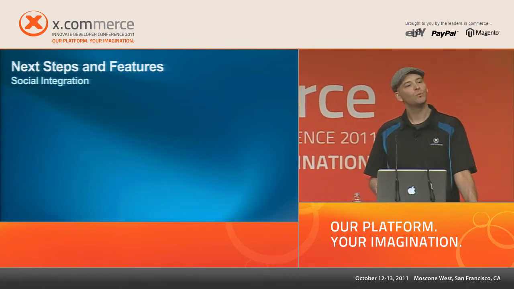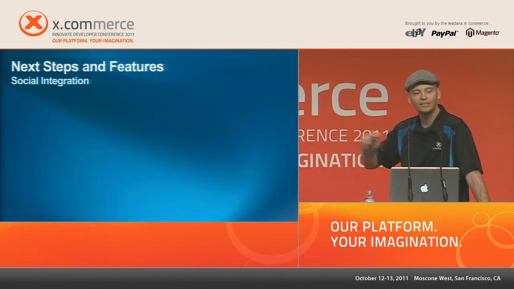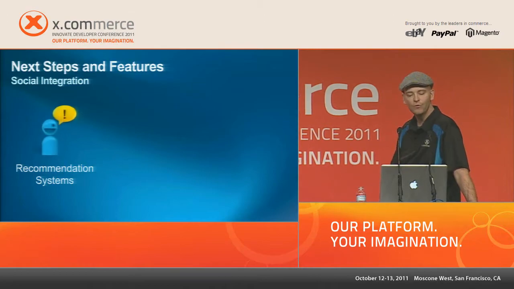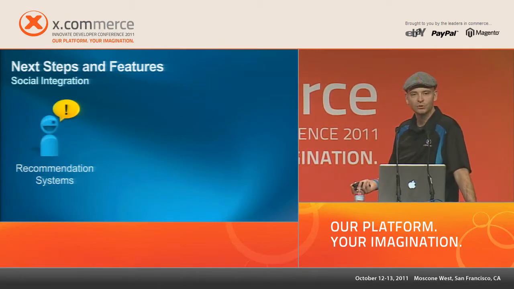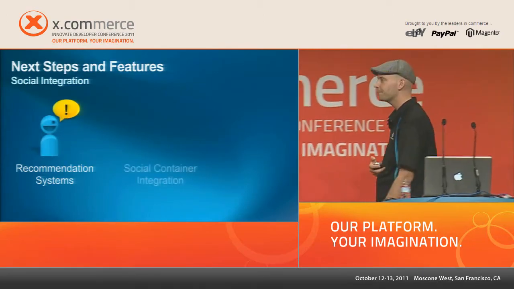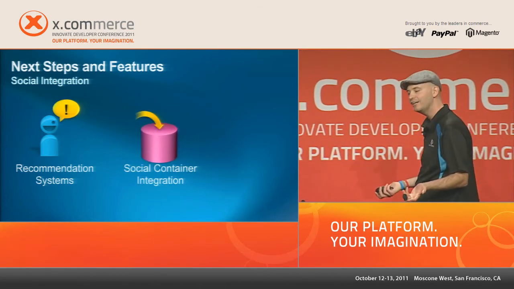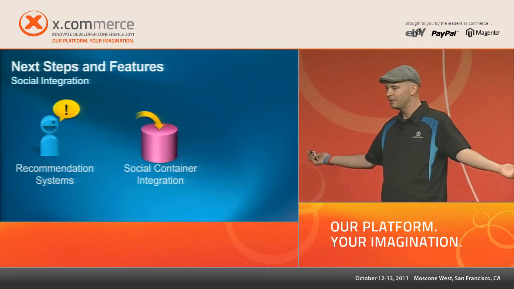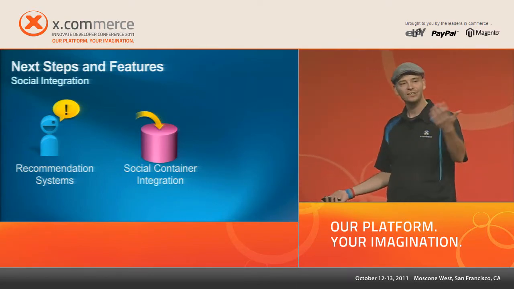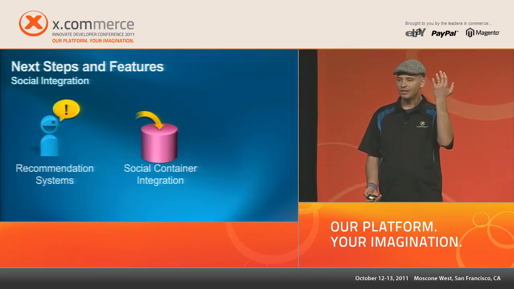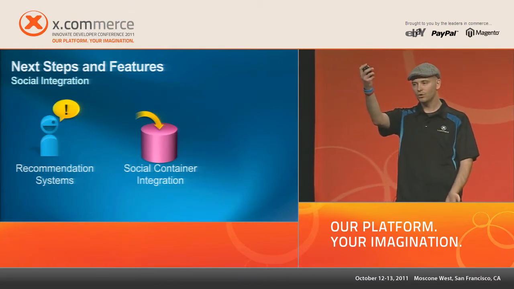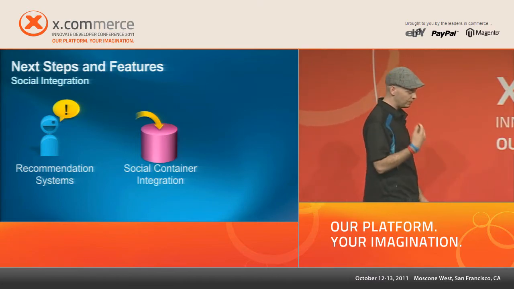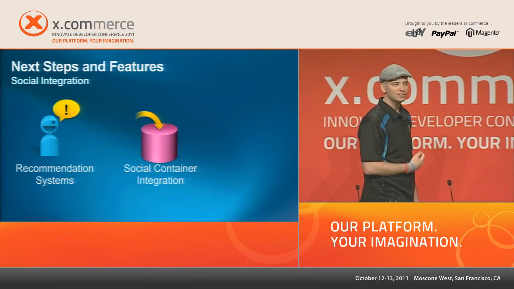So why wouldn't you want to integrate your social experience directly into the identity or your merchant experience through things like recommendation systems, which the identity team is working on? Social container integration, so things like pushing out to Facebook or Twitter or any of your social media channels. As you've heard in the keynotes, the view of your online world and your offline world are becoming very blurred. So we're dealing with real identity here, but we also have that social identity.